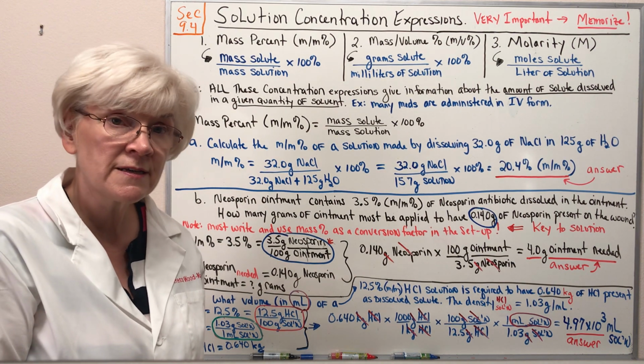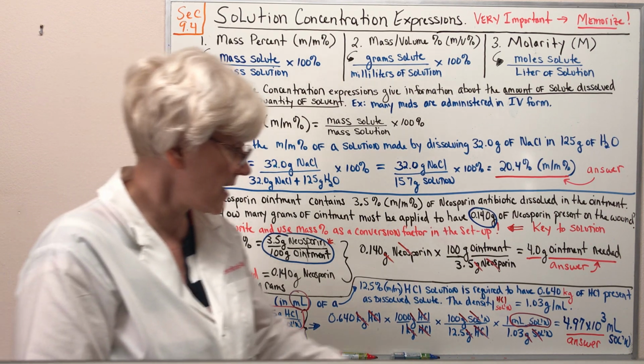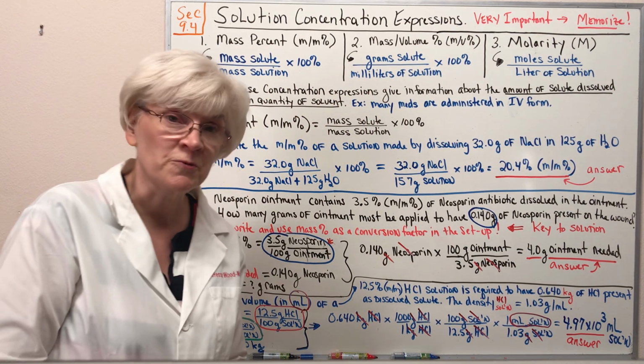So 4,970 milliliters of HCl solution written in scientific notation with 3 sig figs.